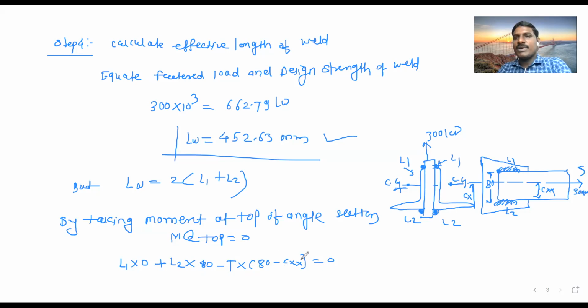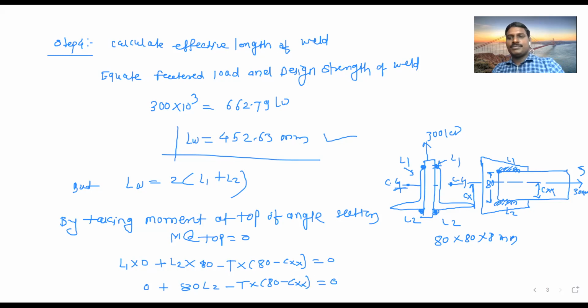Find the CXX value as we did in the last lecture or problem, for this 80 by 80 by 8 mm angle. Go to the steel table and find this value. So L1 into 0, plus 80 L2, minus T into 80 minus CXX.